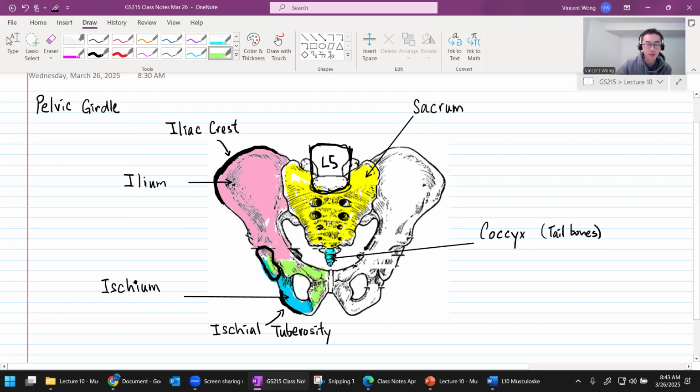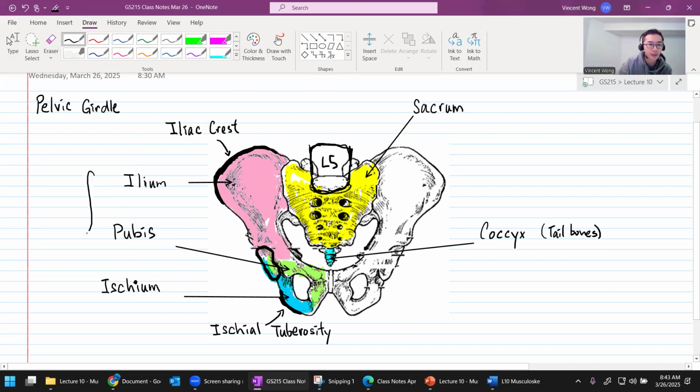Again, the boundary isn't hard to tell from this diagram. You will have to look for a fissure, like a connecting point, in an actual model, and there is the pubis.